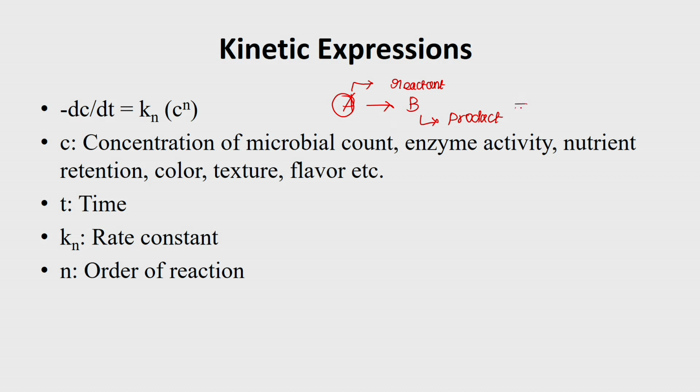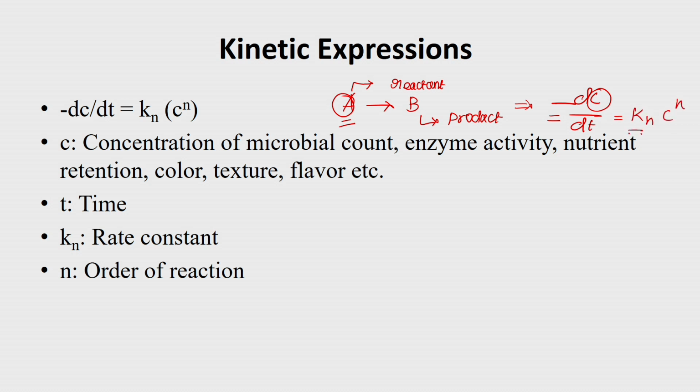That is nothing but the kinetic expression, which is dC upon dt. This C is the concentration of the reacting species. This minus sign is because when the reaction happens, the reactant A is getting depleted over time, which is equivalent to Kn C power n.